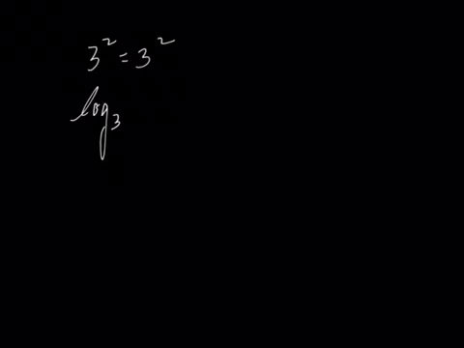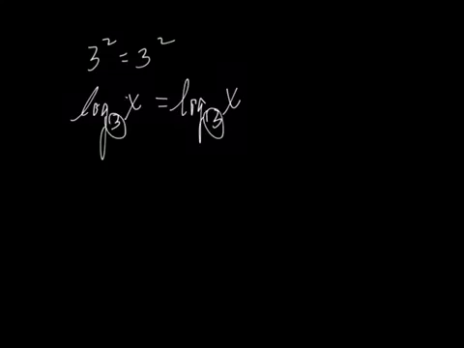and I were to put an x here, and if I did that, what does that mean? That means that if my bases are the same, then my answer has to be the same if my exponents are the same.